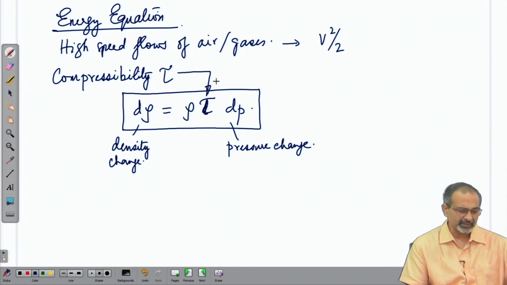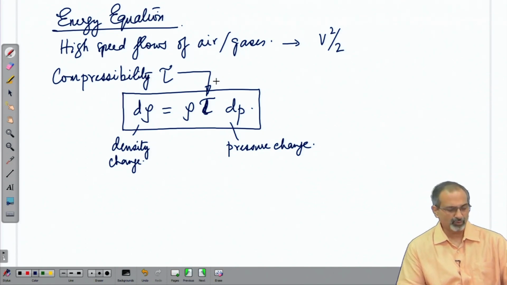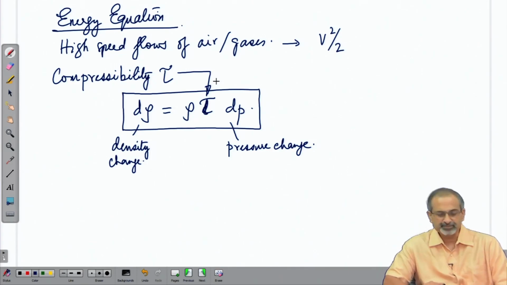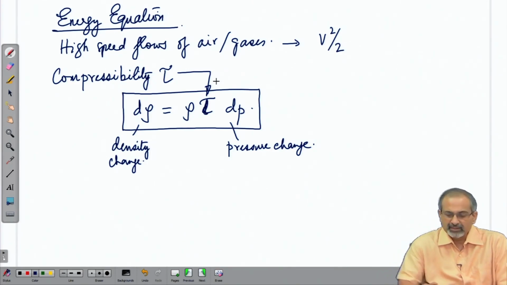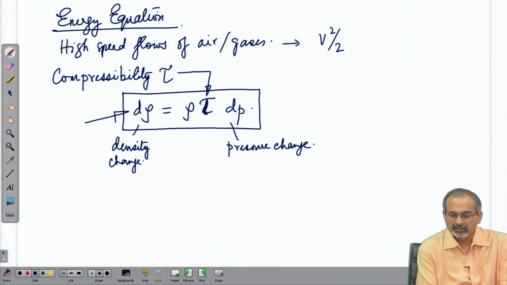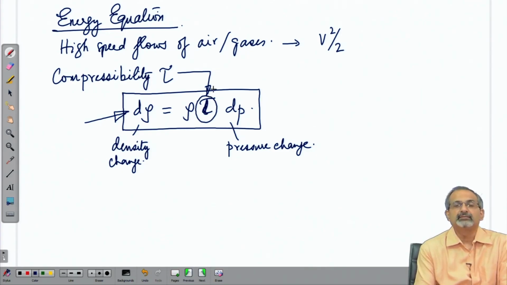It basically says that in a fluid flow, the fluid elements undergo change in pressure, and if those pressure changes are non-trivial, then there are also non-trivial density changes, provided that the compressibility of the fluid is not extremely small.